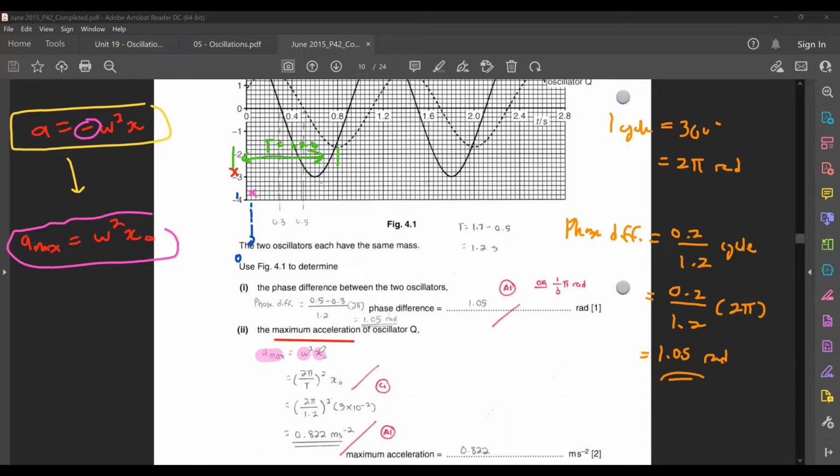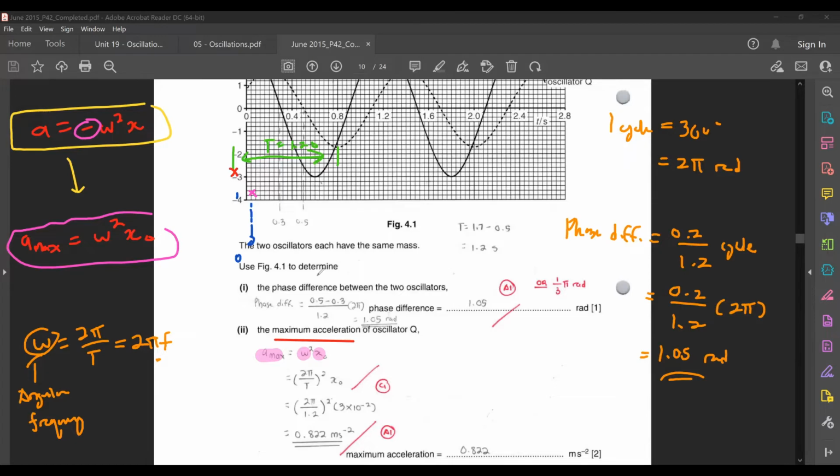Now omega is not given directly. You have to calculate it out. Omega is 2 pi over T or 2 pi f. The omega here refers to your angular frequency. Here you can find out what T is.